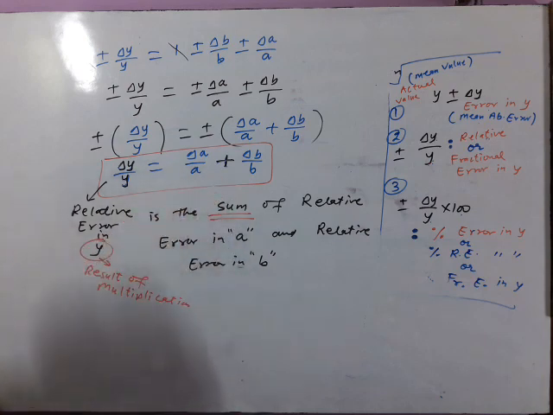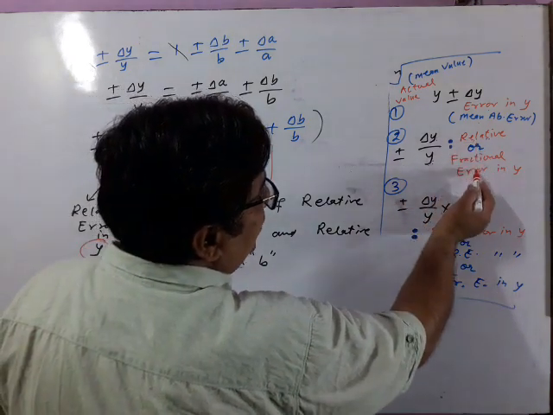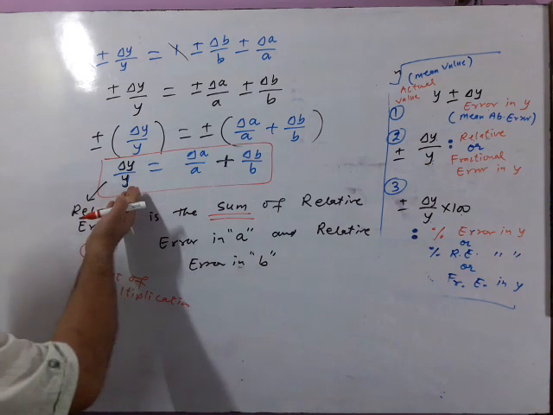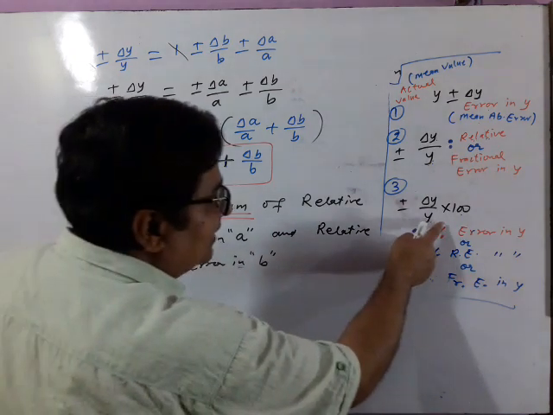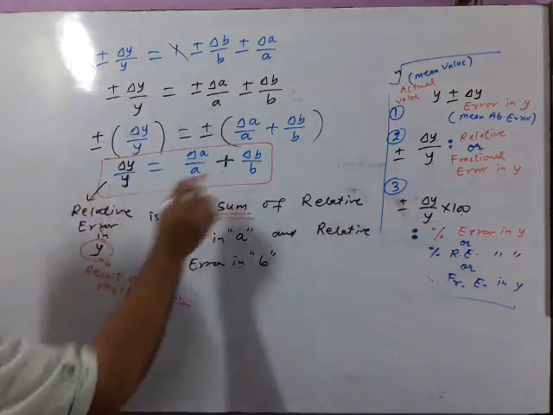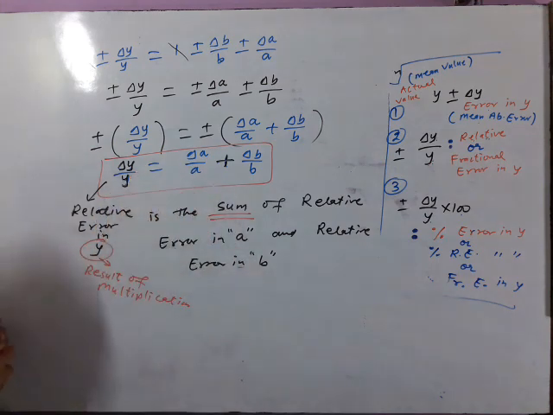Breathe in again. Now see, if the question is find relative or fractional error, this is the numerical formula. This is the relative error in Y. If it says find percentage error in Y, multiply both sides by 100. See this?